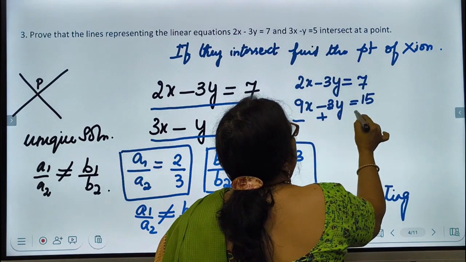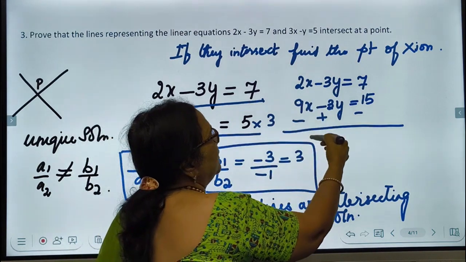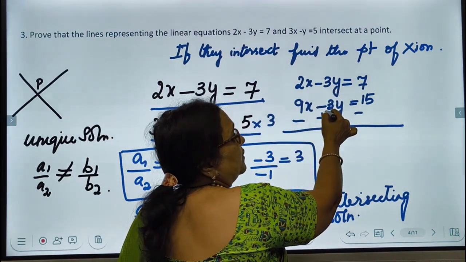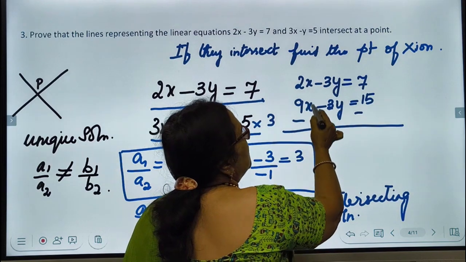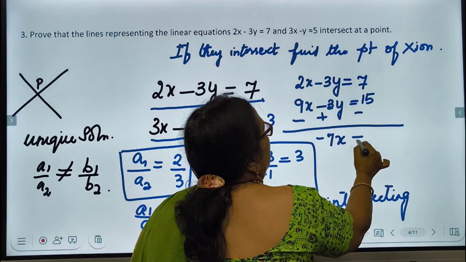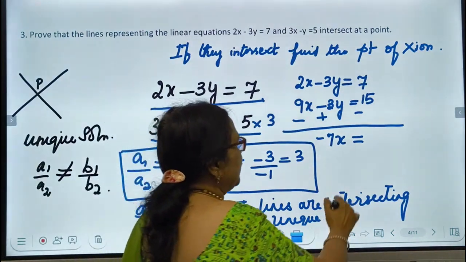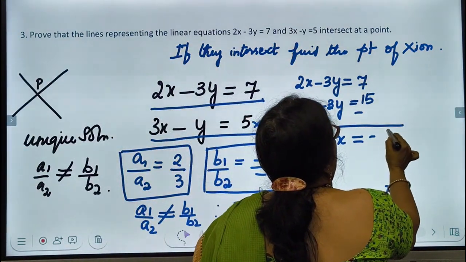So this is minus plus. I'm changing the sign because when I add, what I'm actually doing is subtracting. That means I need to change the sign. So 2x minus 9x will be minus 7x equal to 7 minus 15, which is minus 8.